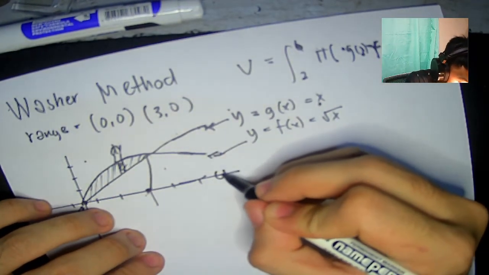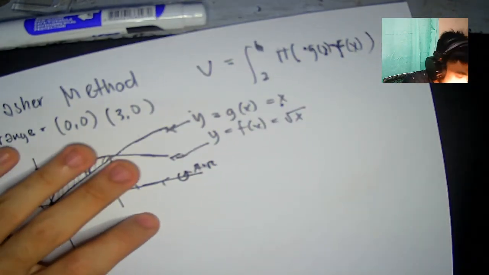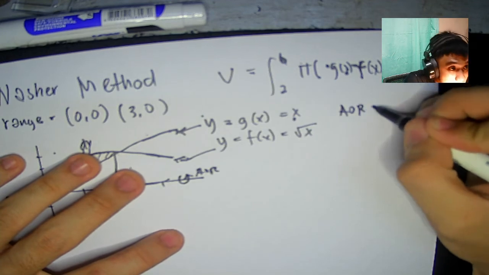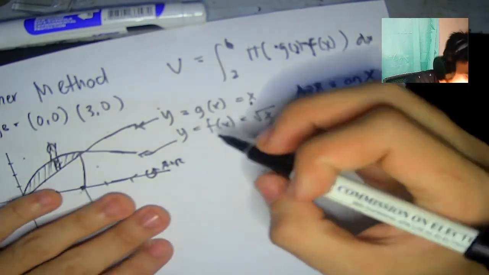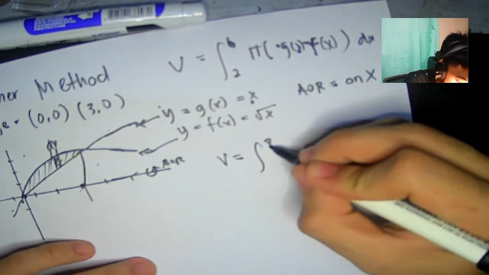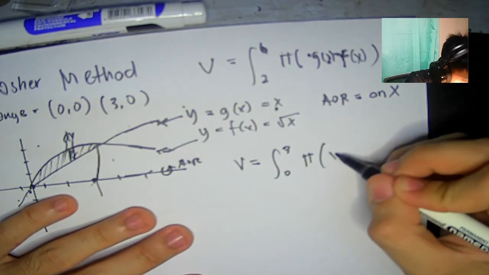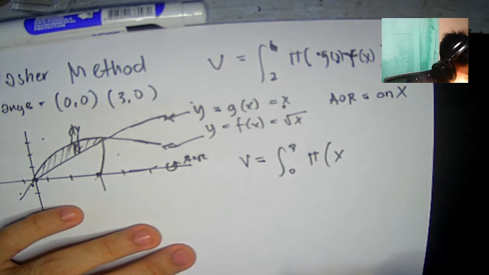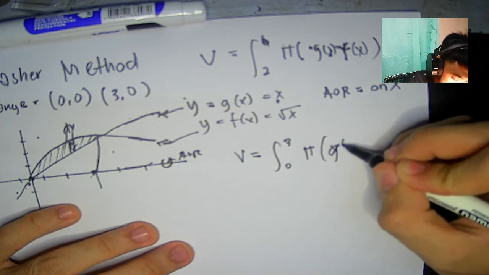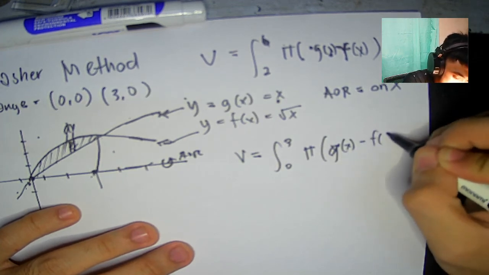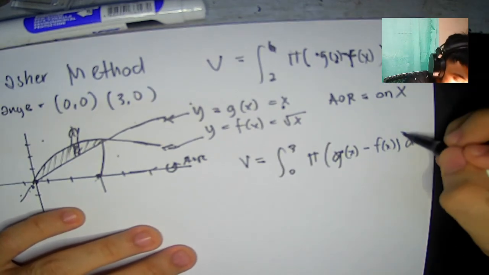So the axis of rotation is on the x axis. So V equals, with limits 3 and 0, this is our limit here. So pi times g of x minus f of x, dx. There's no square, I'm sorry.